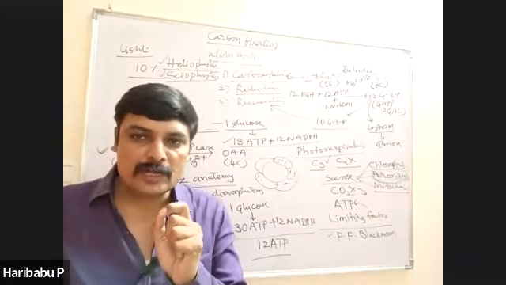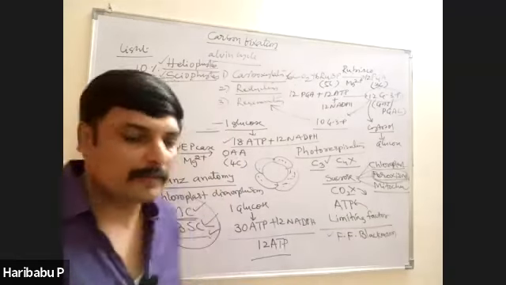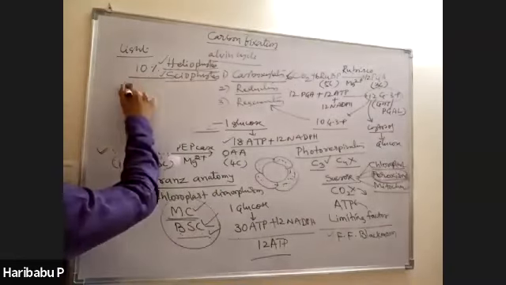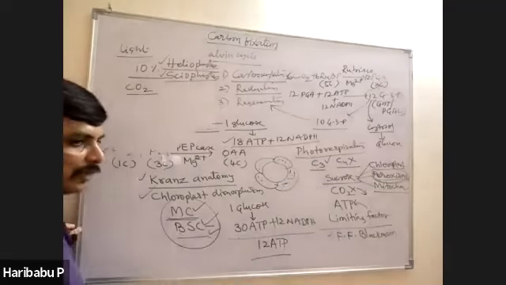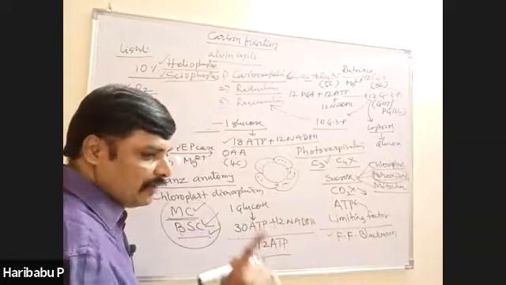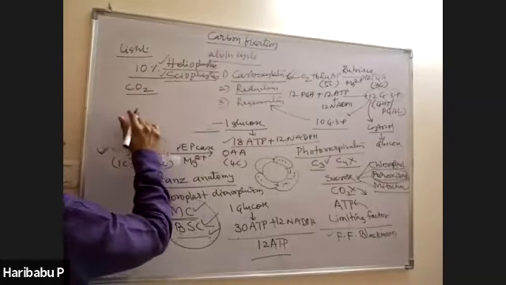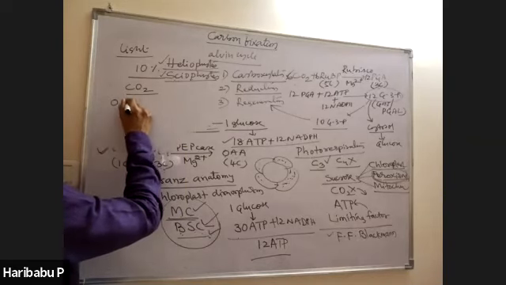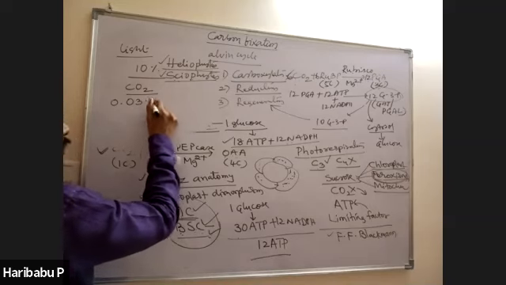The most common limiting factor is carbon dioxide. CO2 is the most common limiting factor, particularly for C3 plants. Present levels of CO2 act as a limiting factor for C3 plants. What is the percentage of CO2 in the atmosphere? 0.03.